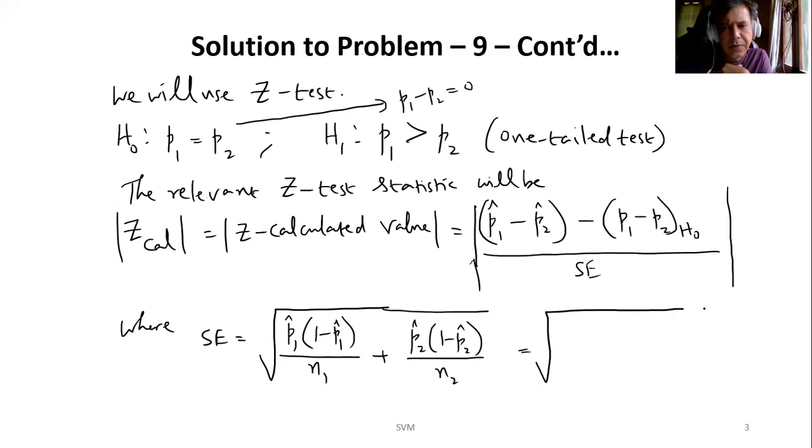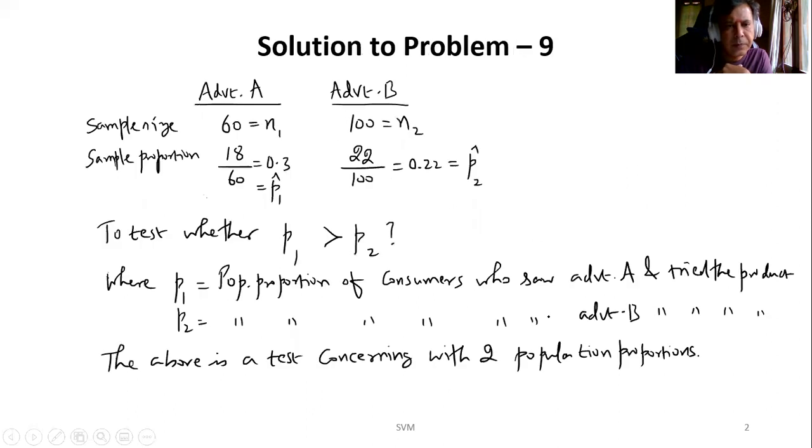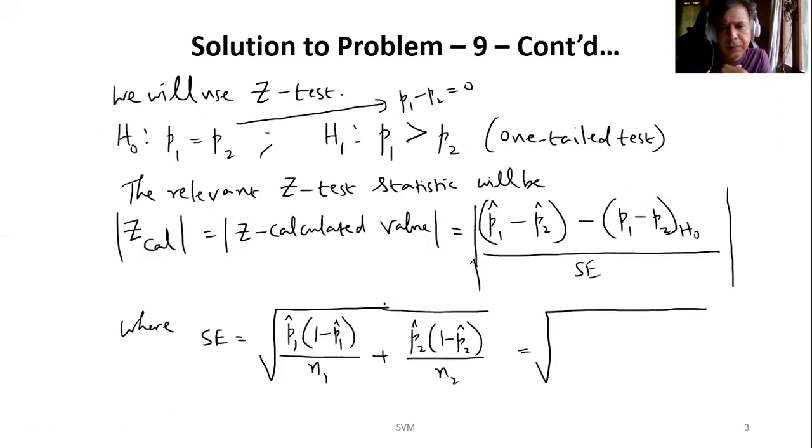That means let us substitute now. P1 cap is 0.3. 1 minus P1 cap means it becomes 0.7 divided by N1 is 60, plus P2 cap, it is 0.22.